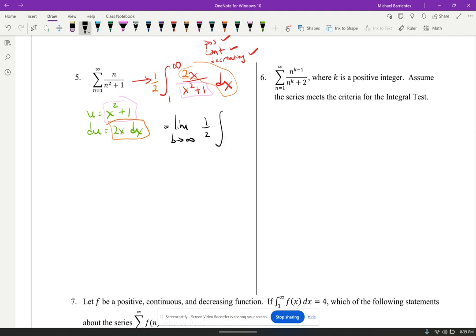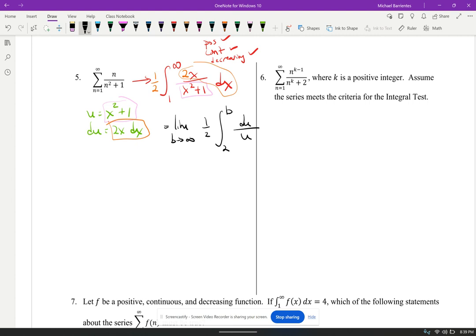So 1 substituted in for the x value would give me a u value of 2, and infinity, or big numbers, substituted and squared plus 1 is just going to be infinity. So this is still a b value that's approaching infinity. And then I can do the substitution here. So this would be du over u. Is that correct? I believe so.